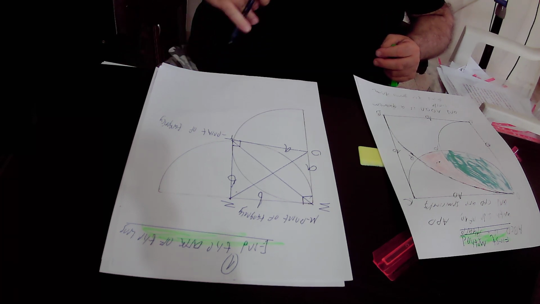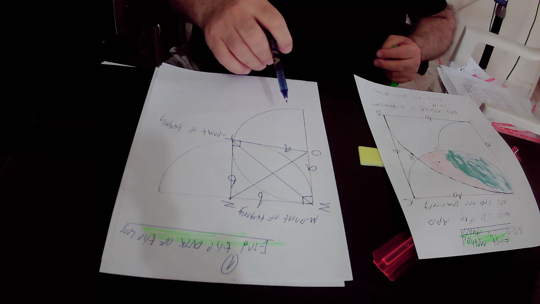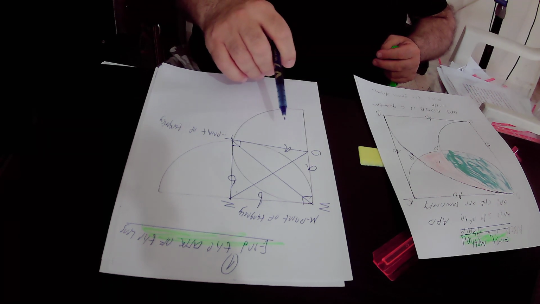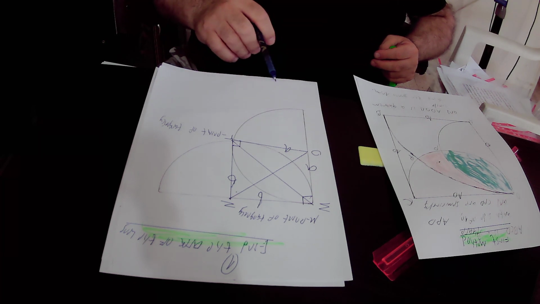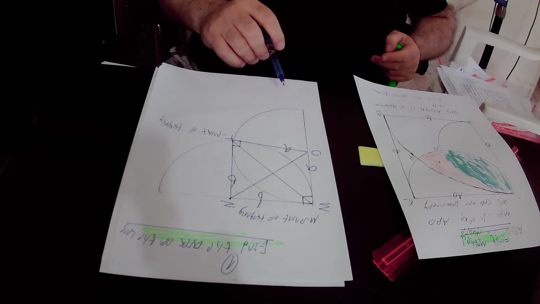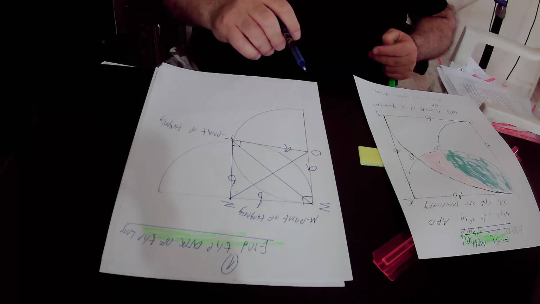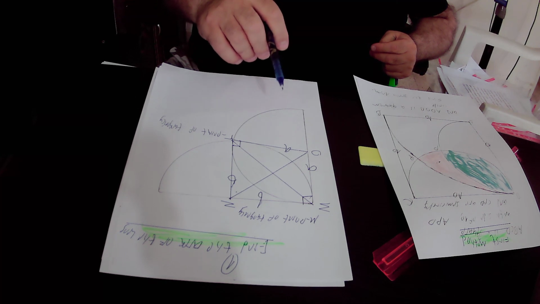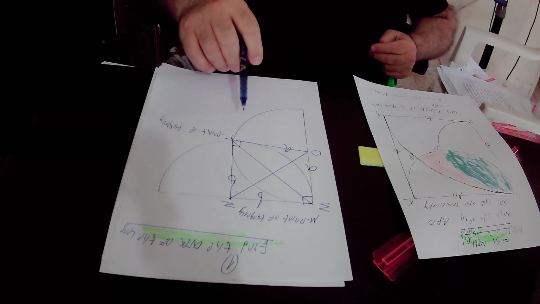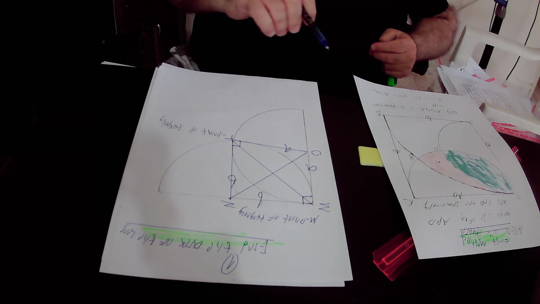Okay, and because of the fact that the radii of the two semicircles are not equal to each other, they are not specific radii, you can use this formula in order to find out the area of any lens.